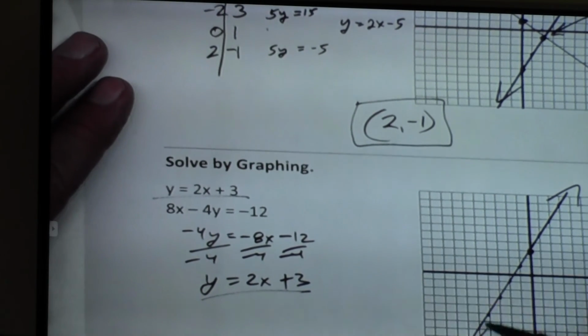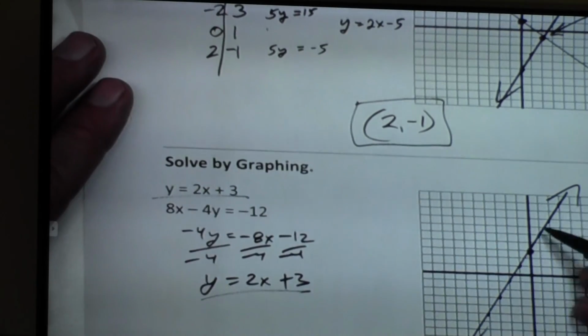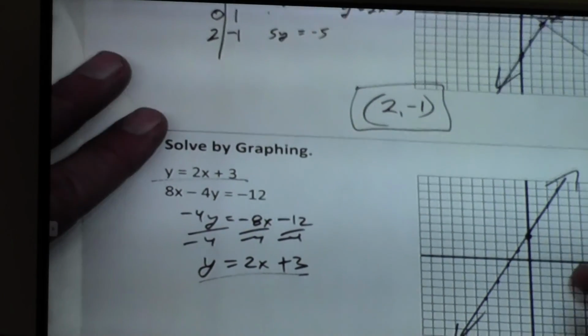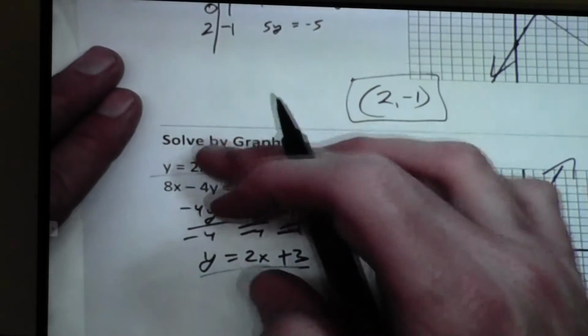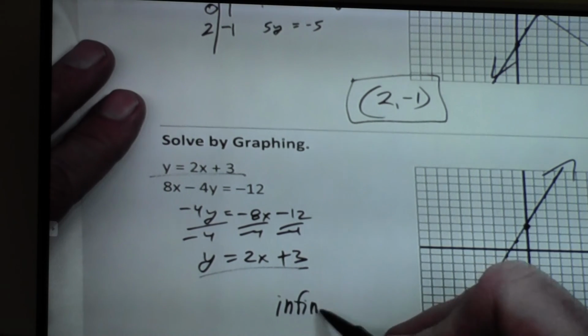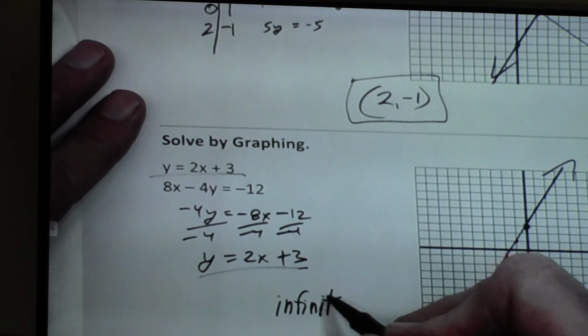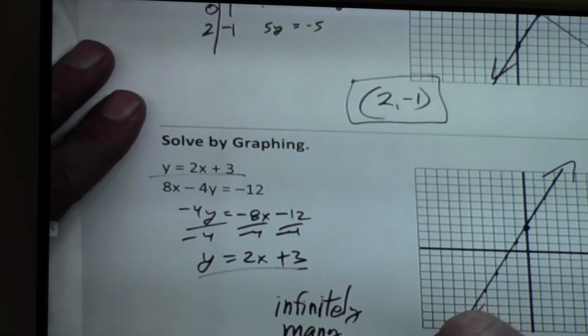So if I graph it right on top, it means every point for this equation is the same as every point for that equation. And that means there's an infinite number of points on this line which satisfy both of these. And the phrase for that is infinitely many solutions.